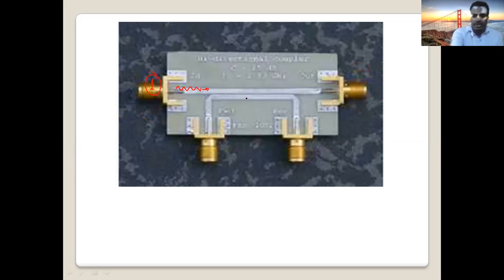But because of this very close transmission line 2, this other transmission line, as you can see, they are very close to each other. There is coupling, induction. Some signal power is transferred or sampled from transmission line 1 to transmission line 2. A small portion of the signal is coupled, sampled, or transferred from transmission line 1 to transmission line 2.